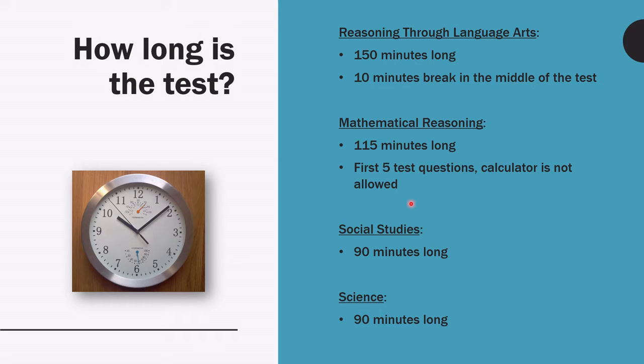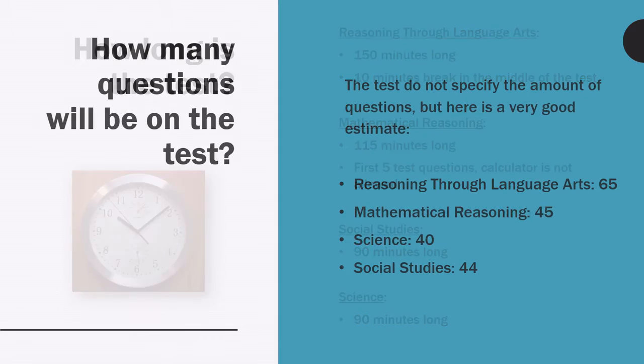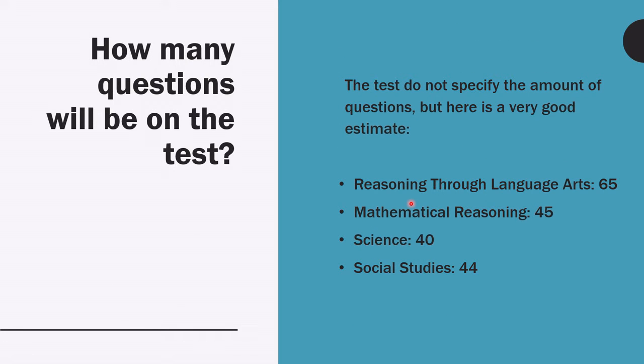Now, how many questions are on each of these four tests? Well, the GED Testing Service does not specify the number of questions. However, we have a very good estimate. We counted 65 questions on the English test, which is Reasoning Through Language Arts. For the math test, we counted 45 problems.